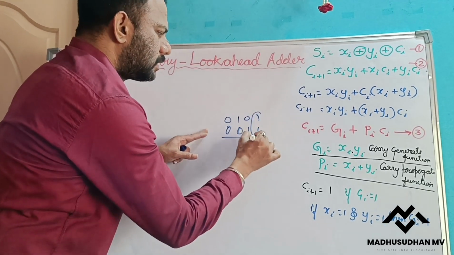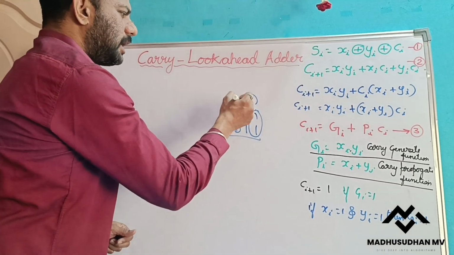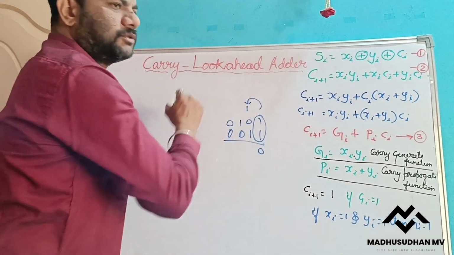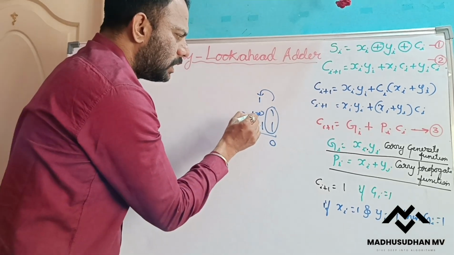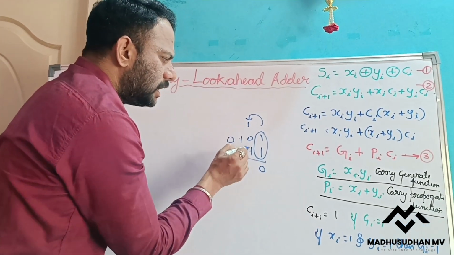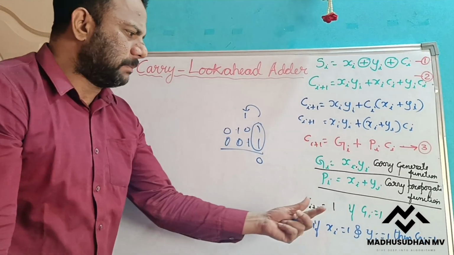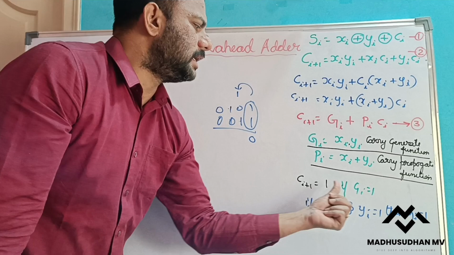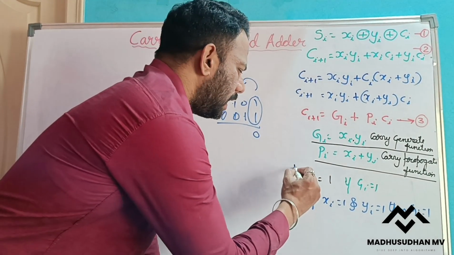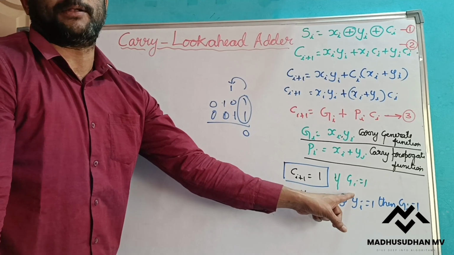When both bits are 1, it definitely produces a carry, because 1 plus 1 is 0 with carry 1. Suppose any one is 1, either this is 1, 0 or this is 1, 0. If any one is 1, it is not producing a carry. So when both are 1, 1, obviously a carry will be generated. That means our carry will be 1 if gi is equal to 1.